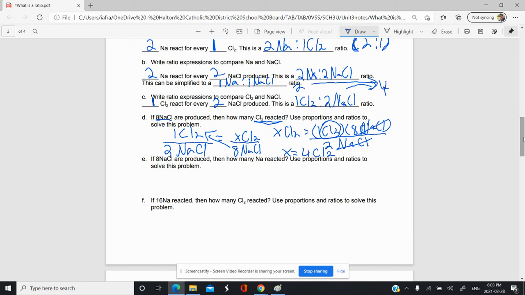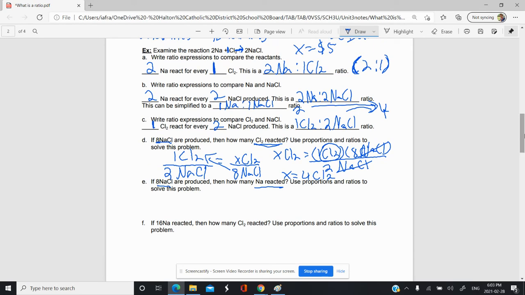Now, let's say you had 8 NaCl molecules produced. How many Na could have reacted? So now we're comparing NaCl to Na. So normally, if we're comparing NaCl to Na, what was our ratio? It was a 1-to-1 ratio. So just by looking at it, you would know that they're the same. But just to show you that with some math here, we said we want to know how many Na reacted.